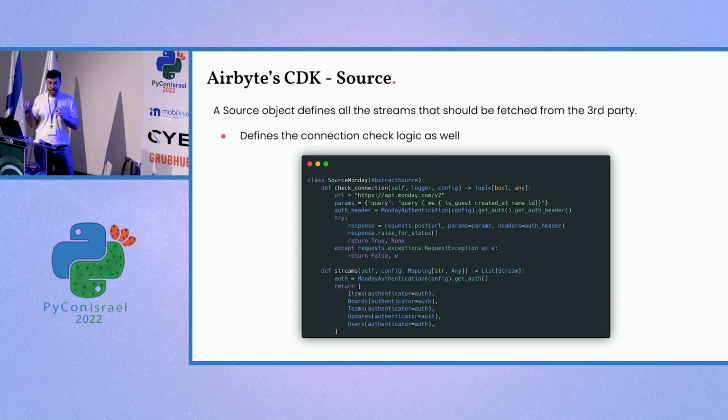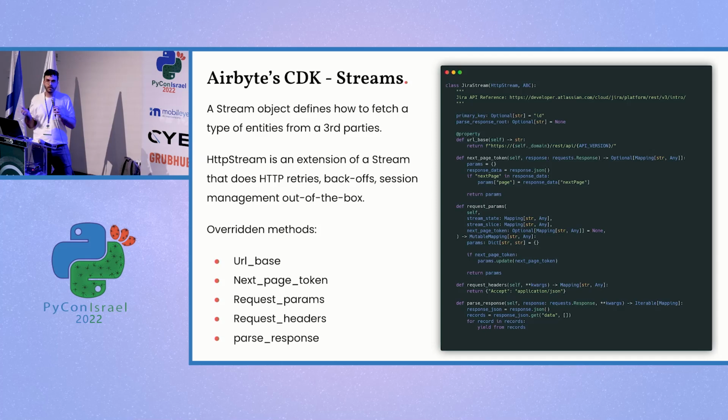As you can see, each item is a stream. So that's the second logic that Airbyte defined. And what is a stream? A stream is basically a way of handling the API requests. So in this example, I should actually change it. It's not Monday, now it's Jira. And this is a stream of how to fetch data from Jira. And as you can see, there is no request.get because this SDK does everything for you.